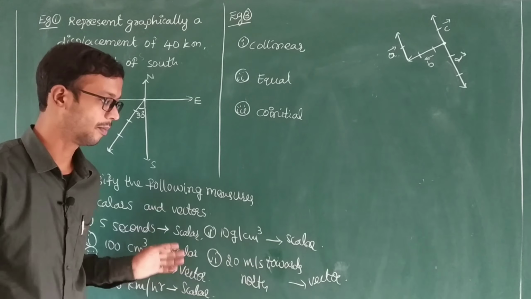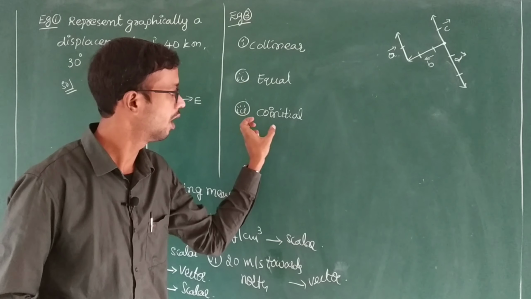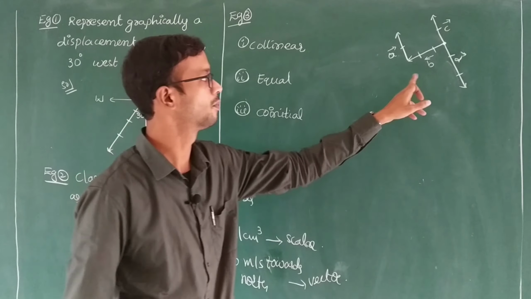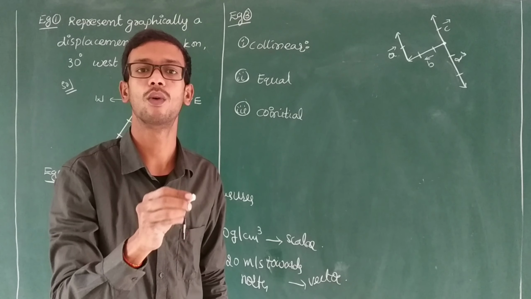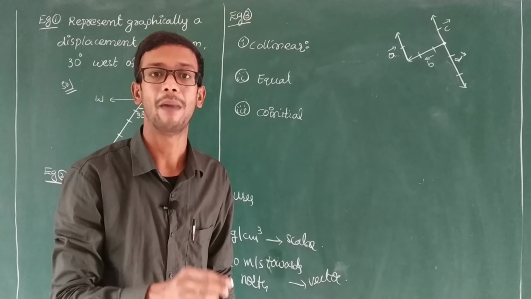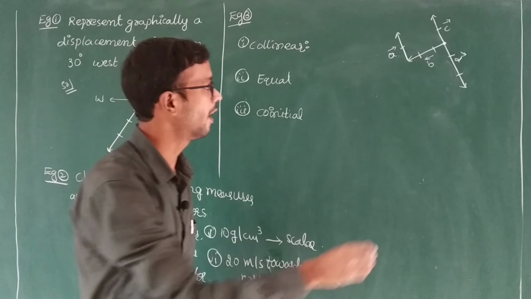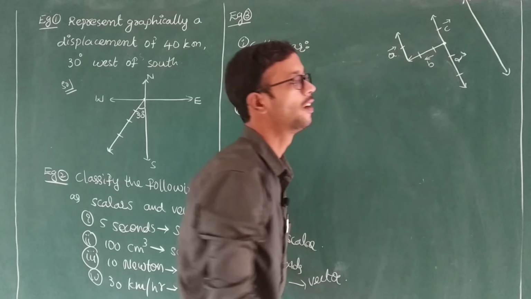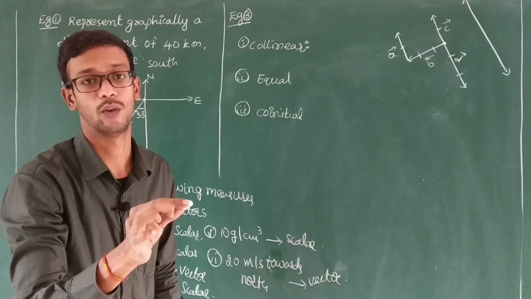In the figure, which are the collinear, equal and co-initial vectors? First of all, collinear. What is the collinear definition? Two or more vectors parallel to the same line. If I draw one line here, which vectors are parallel to the same line?